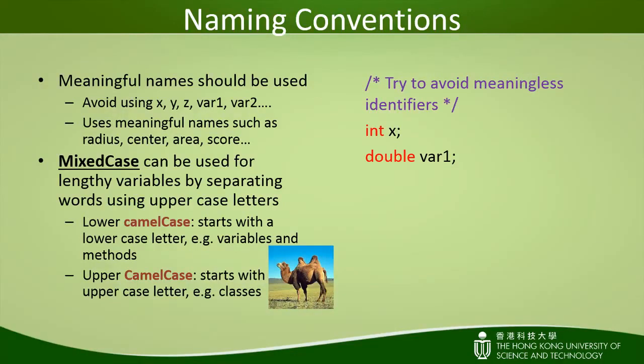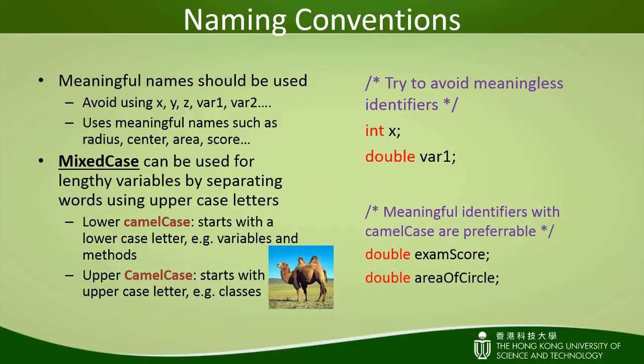There are two types of camel case. Lower camel case starts with a lowercase letter, for example, examScore with S in capital letter, and areaOfCircle with O and C in capital letters. Lower camel case is usually used for Java variables and methods.